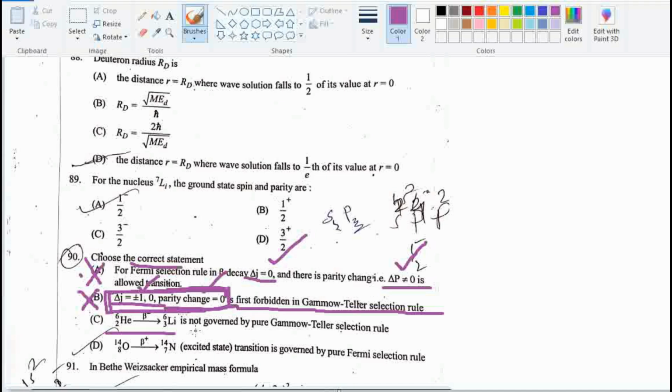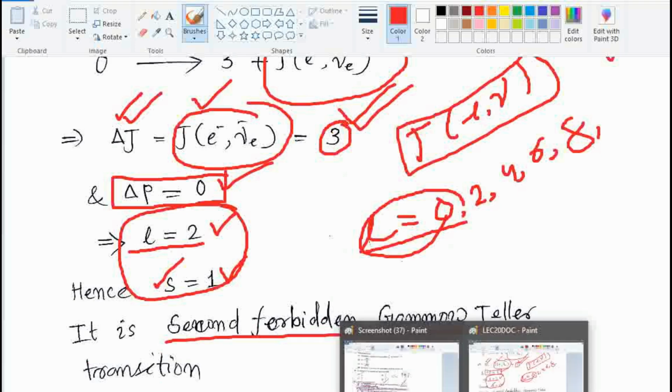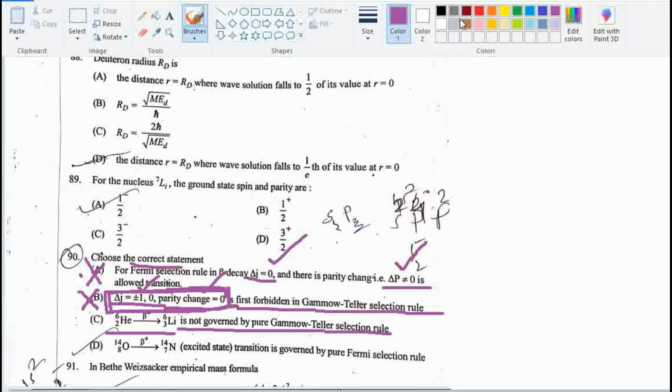But in the question it is given that it is not allowed by pure gamma transition, and it is second order forbidden Gamow-Teller. So option C may be correct, but we cannot say that this is the correct one.